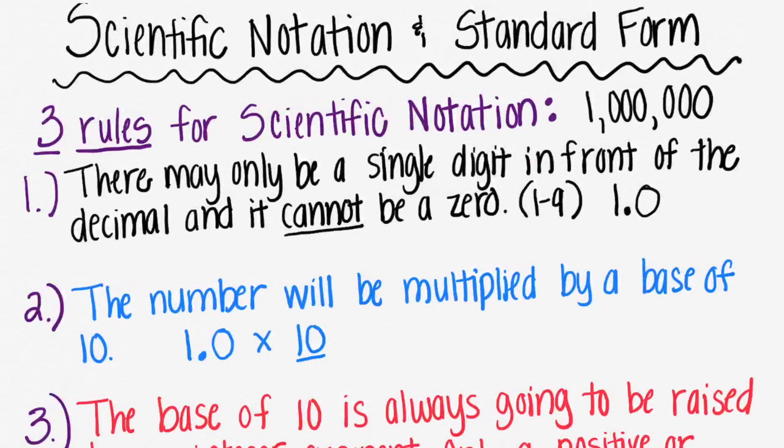So when we move the decimal point, we're going to be moving it so that there is only one of those numbers in front of it. And that means if we were moving a decimal point for the number 1 million, we would want a decimal point that landed right here after the 1 in 1 million.